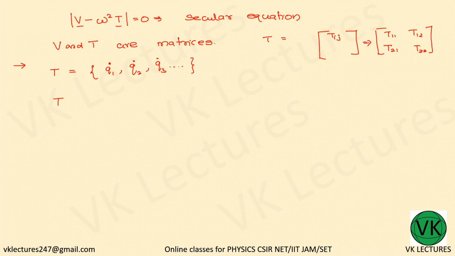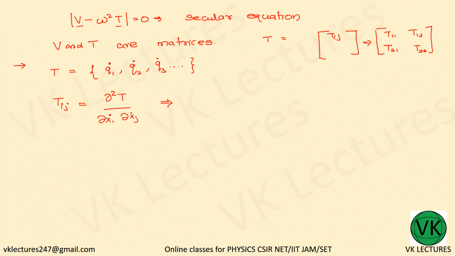We need to find each element of this matrix. So Tij can be written as dou square T by dou xi dot, dou xj dot. This is how we can write the ijth element of the kinetic energy matrix.